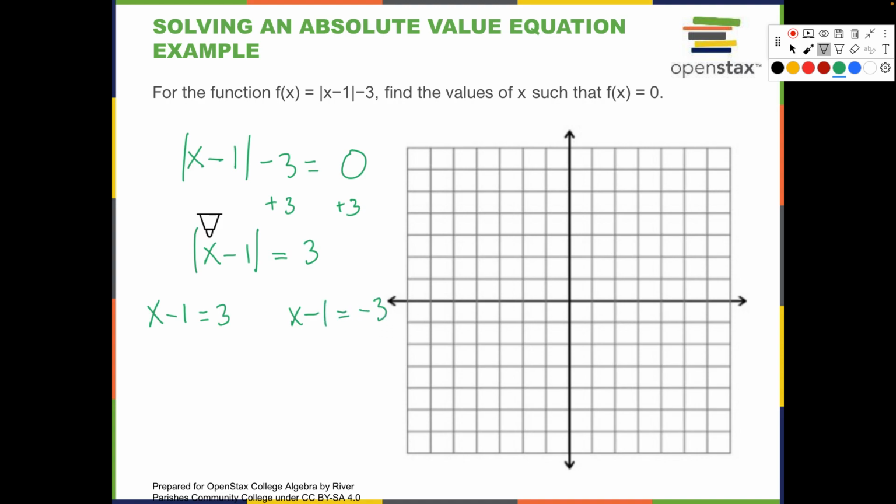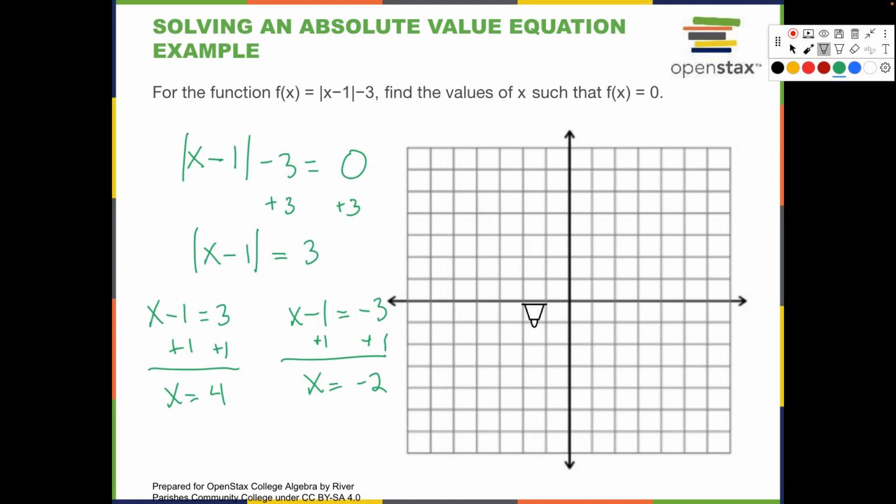Because if we had a negative 3 inside, we'd get that. And notice because it's equals, we don't have to worry about flipping the symbol or anything. So we add 1 to both sides. x equals 4. We add 1 to both sides. x equals negative 2.